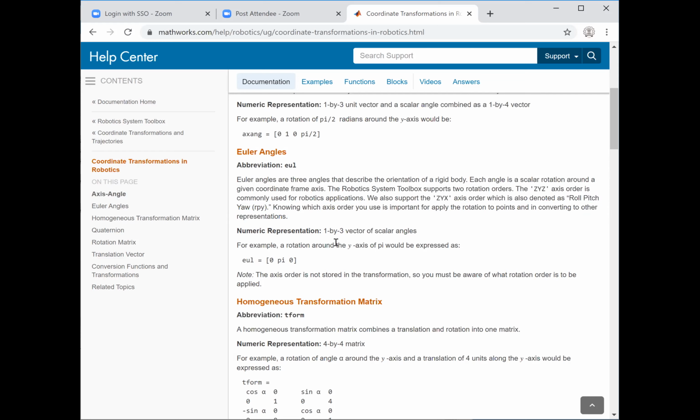So what I want you to make sure, when you have rotation matrix ZXY, since this is ZXY, I would put it like yaw, pitch, and roll, as per our sign convention.